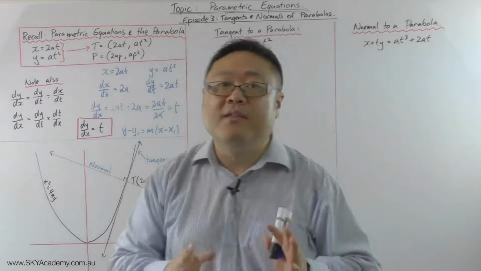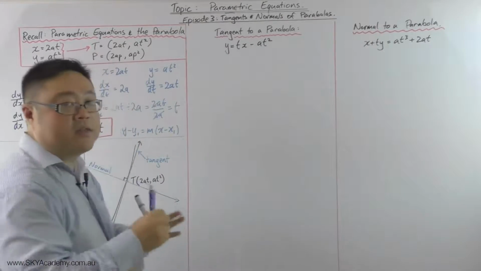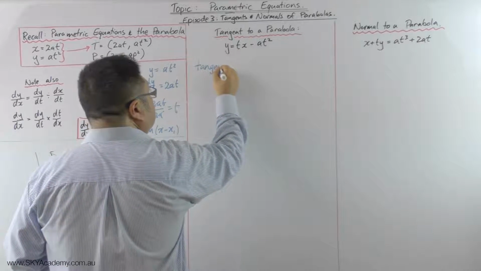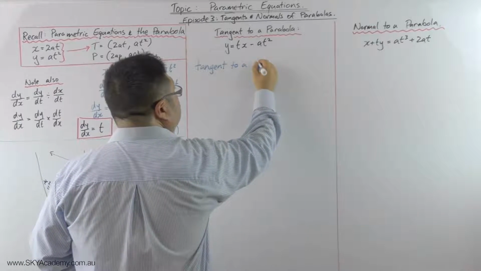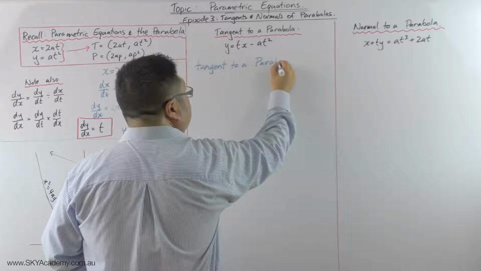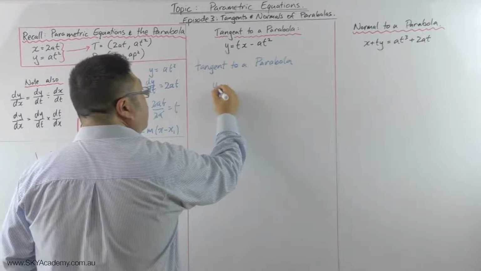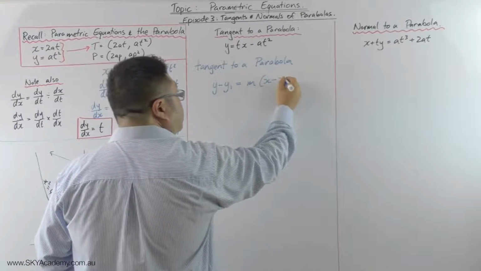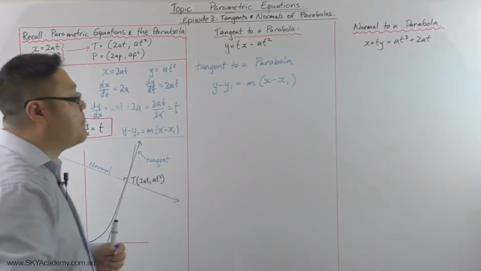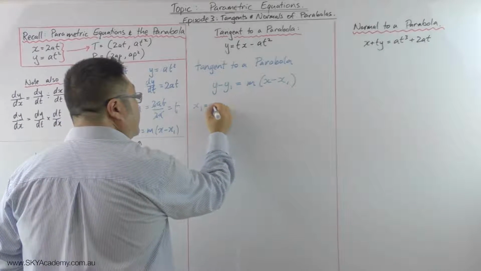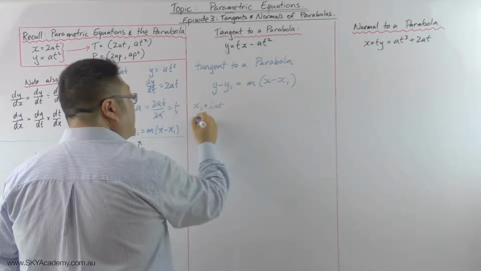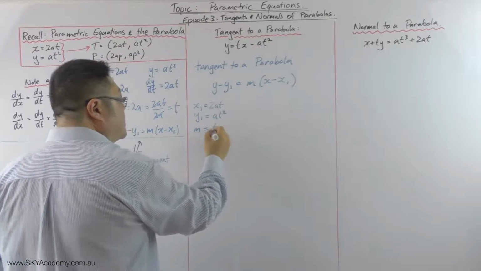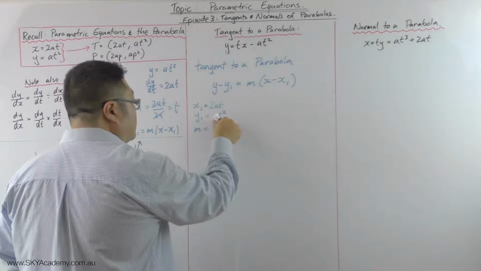Quite simply, the tangent to a parabola will be given by y minus y1 equals m times x minus x1. Your x1 will be equal to 2at, your y1 will be equal to at squared, and your m will be equal to t, which is your dy/dx.